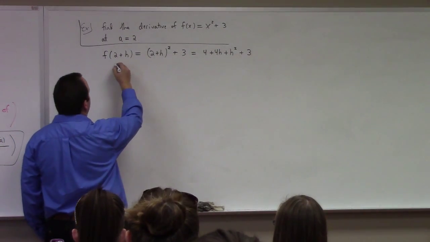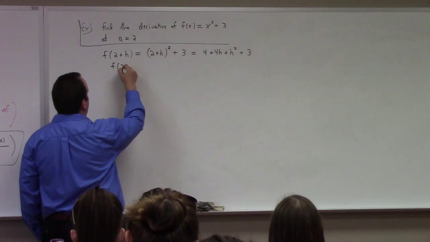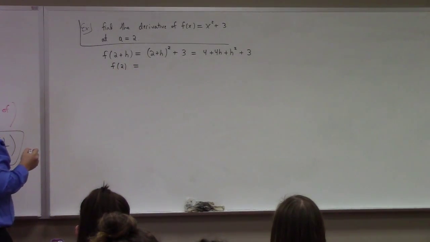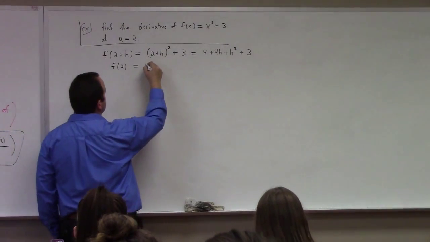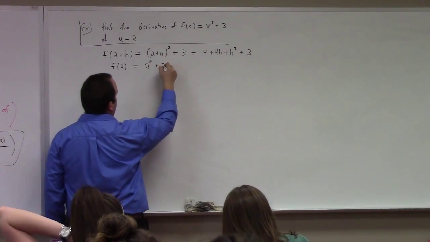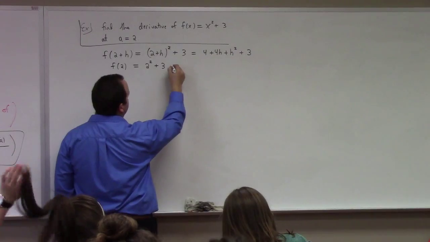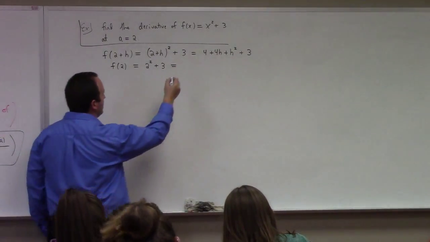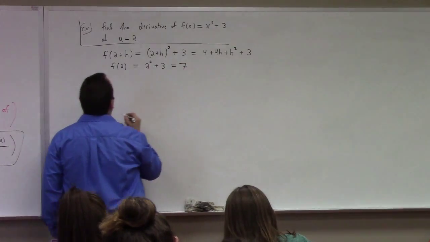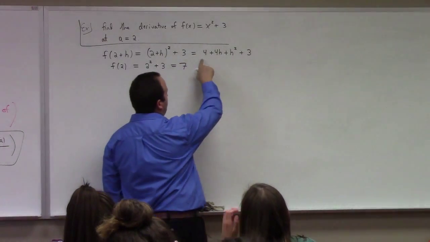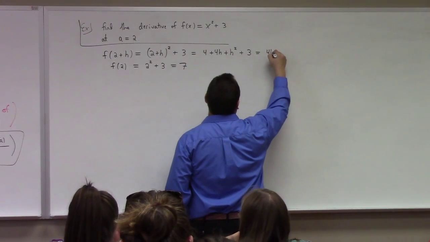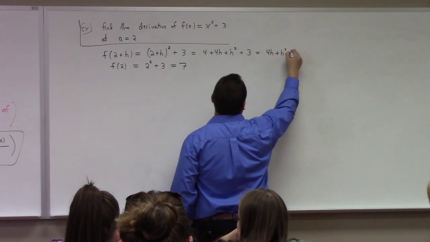But, of course, we also can calculate what's f of 2. Two squared plus 3, right? Which is what? Yeah, 7. Now, we could have cleaned this up too, right? What is this? This is actually 4h plus h squared plus 7, right?